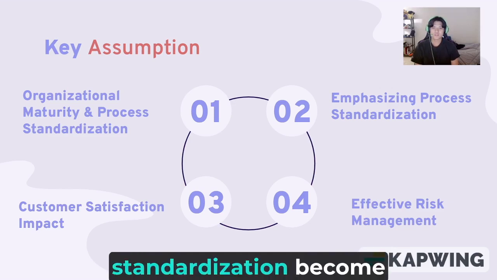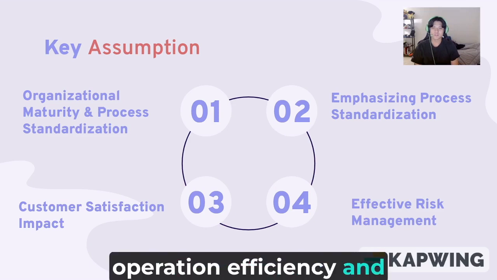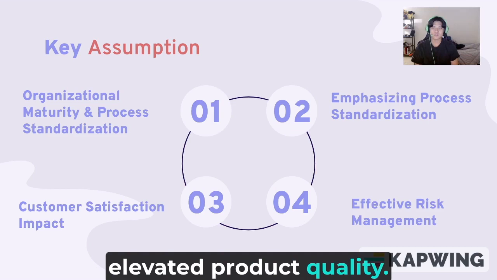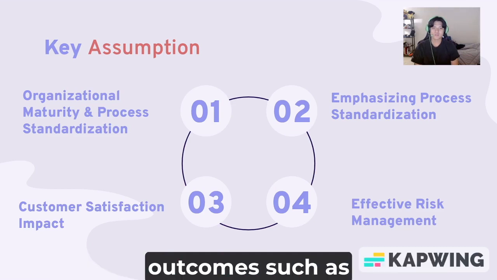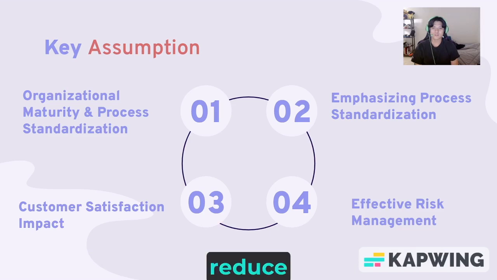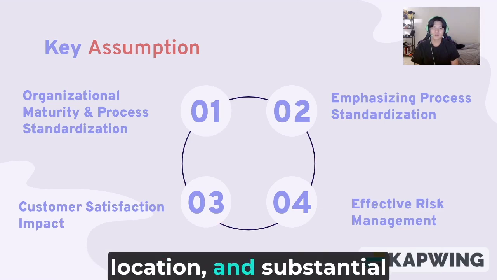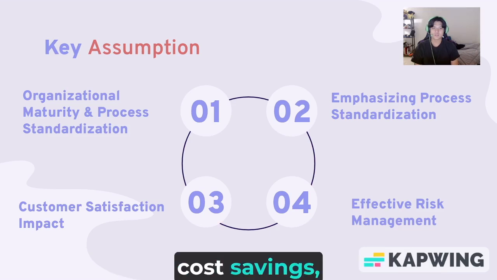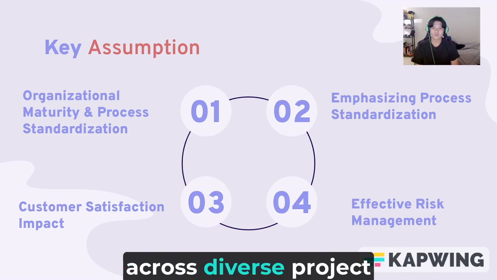Emphasizing process standardization become a catalyst for operation efficiency and elevated product quality. This strategy approach anticipates outcomes such as reduced defects, optimized resource allocation, and substantial cost savings, thereby minimizing wastage across diverse projects.